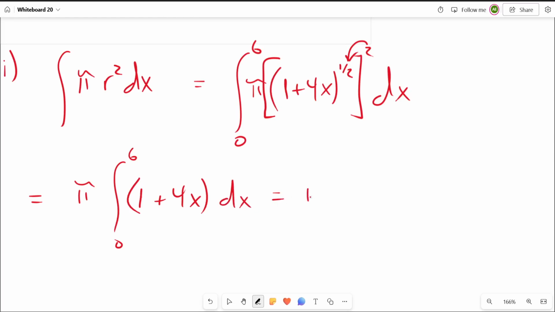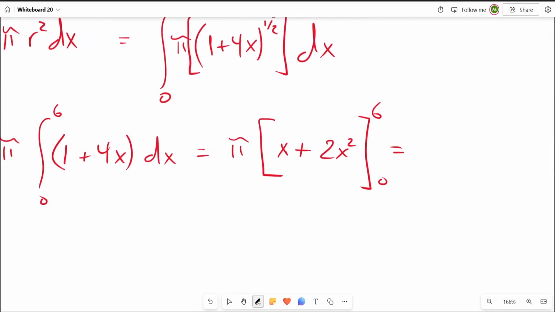The integration of that is basically the integration of 1, which is x, plus the integration of 4x, which is 4x squared over 2, so it's going to be 2x squared, because you add 1 to the power and then divide by the new power. So 4 and 2 will cancel to become 2. It's just x plus 2x squared from 0 to 6. Now I can substitute in my values.